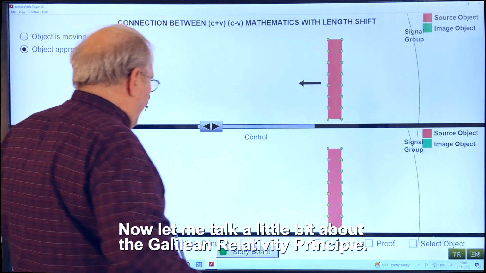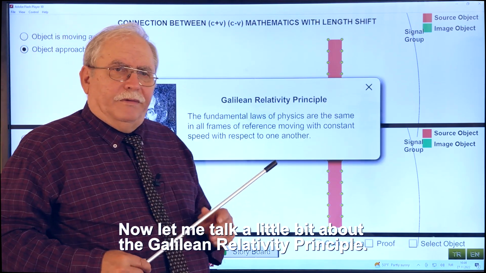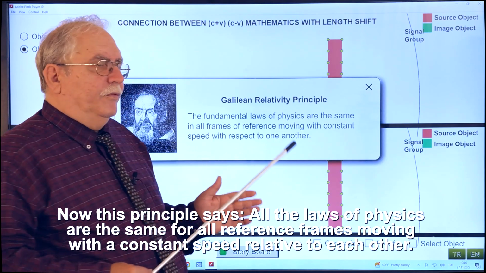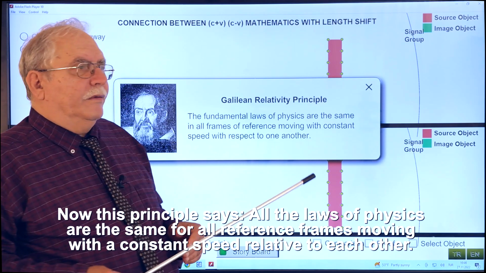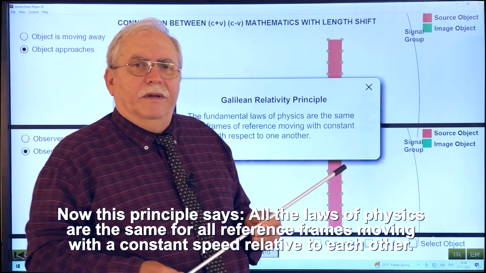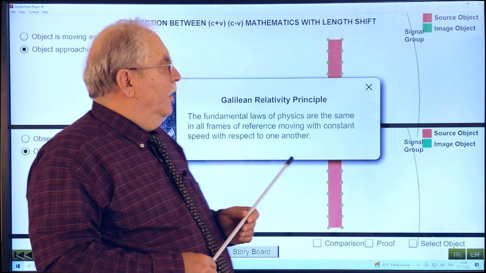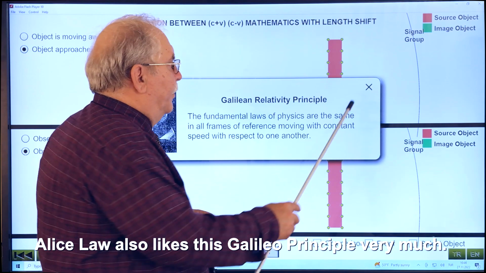Now let me talk a little bit about the Galilean relativity principle. This principle says all the laws of physics are the same for all reference frames moving with a constant speed relative to each other. Alice's law also likes this Galileo principle very much.